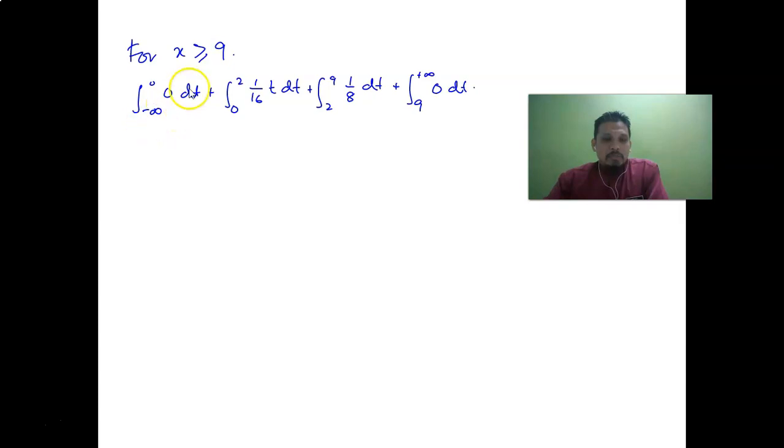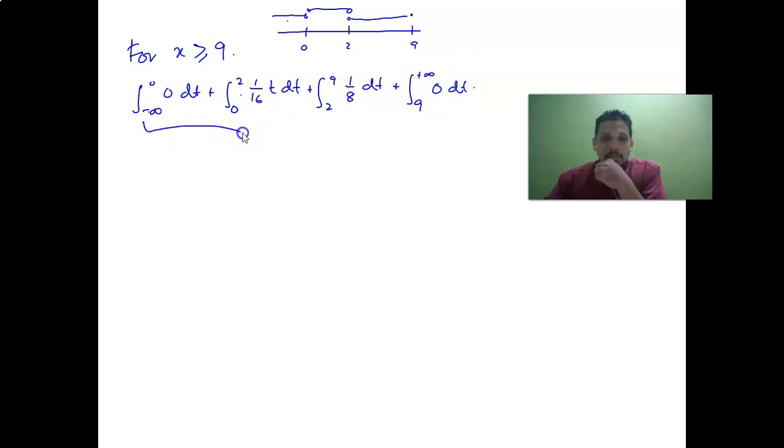Okay, so accumulate 0, 2, and 9. Accumulate one result from negative infinity until 0, plus the function in the domain of 0 until 2, and then plus the integral from the domain 2 until 9 of the function 1 over 8 dt, plus the last one here.